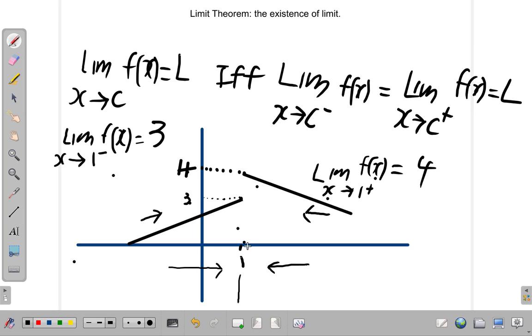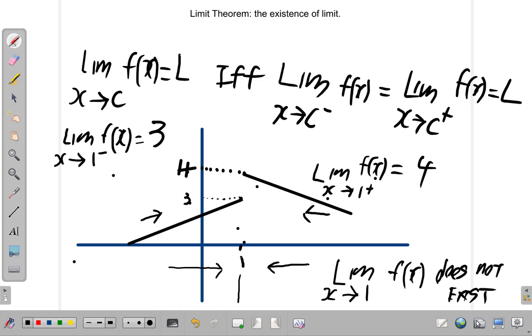So, what that means is the limit as x approaches 1 from both sides of f of x does not exist.